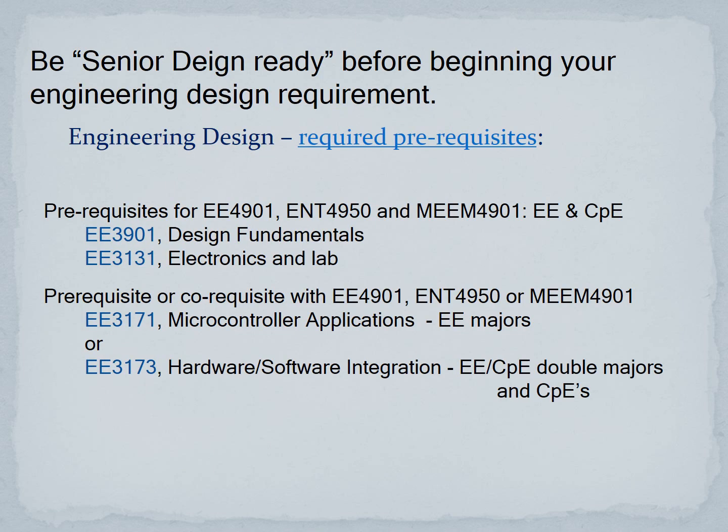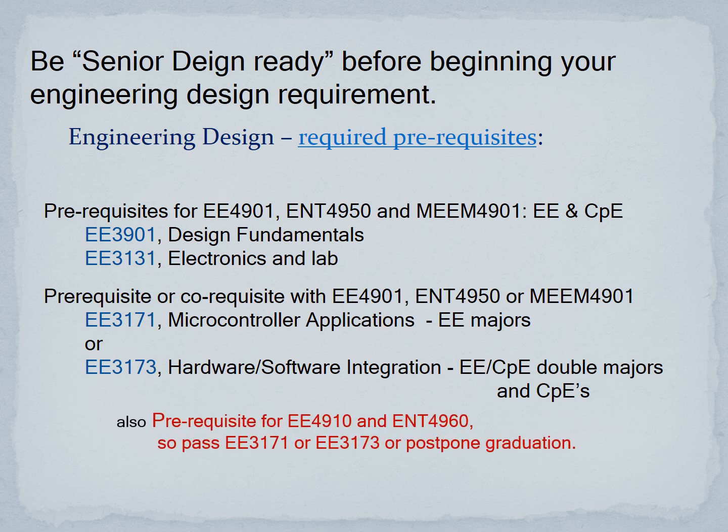Be sure to have the prerequisites completed before starting your senior design or enterprise option. Electronics and design fundamentals must be complete before the first semester of senior design or enterprise 4950. Electrical engineers can take microcontroller applications before or along with ENT 4950 or EE 4901, and CPE double majors may take hardware-software integration, EE 3173, along with the first semester of senior design or enterprise or before it.